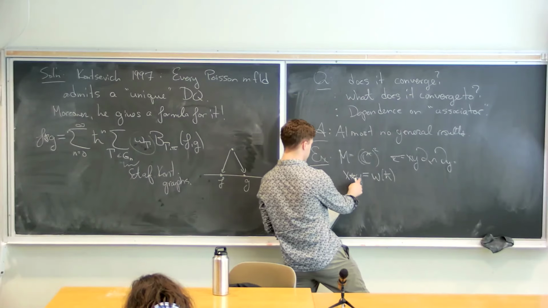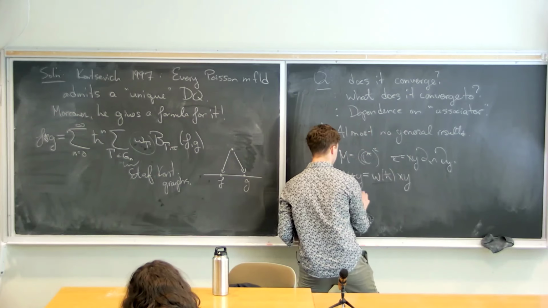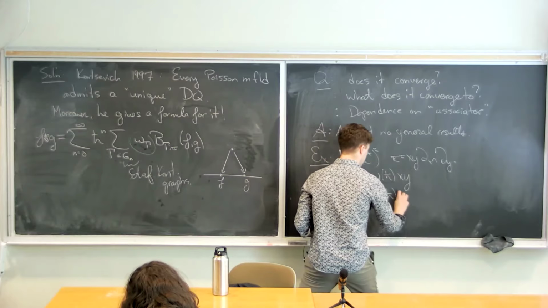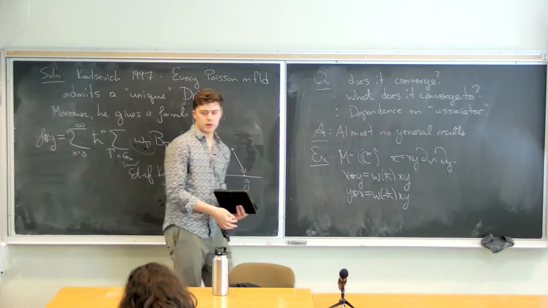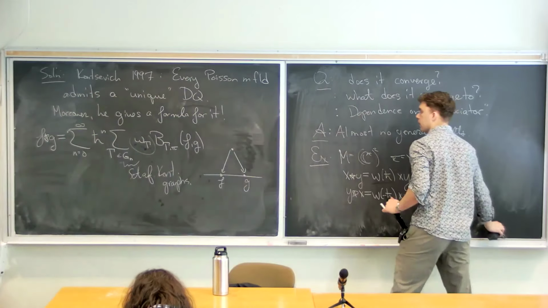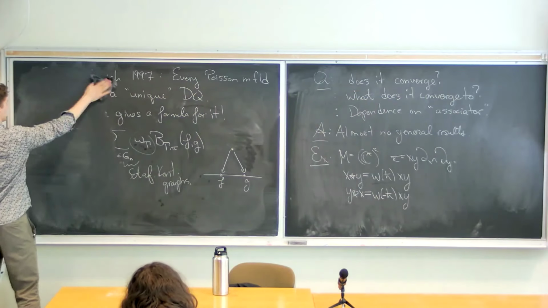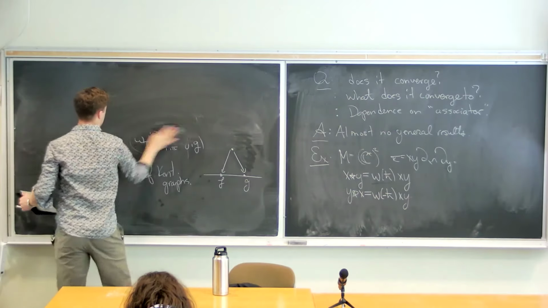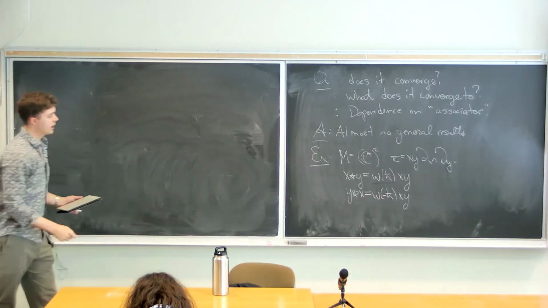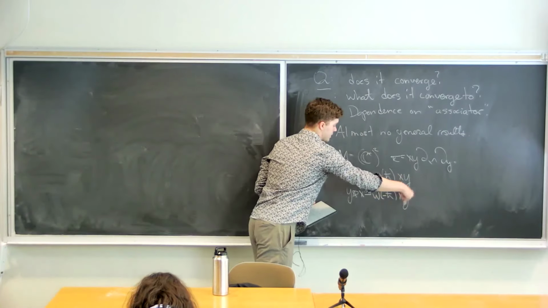So x star y is going to be some formal power series times xy, and y star x is going to be the same formal power series, but in minus h bar, again times xy. Again, when I write star here, I do mean I'm calculating with this formula. Basically, it's GL_n equivariant, and so when you look at the possible weights of the monomials that could come out here, it has to be something like this.